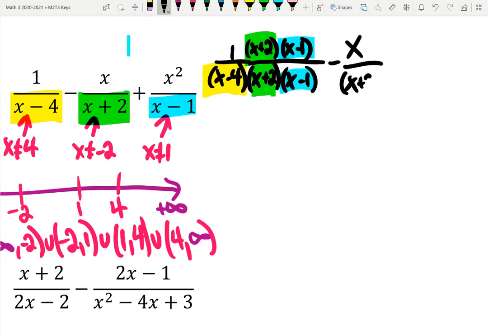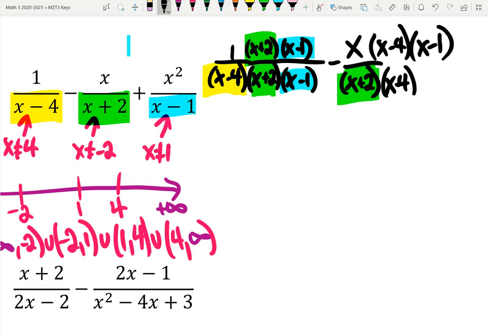It is having an x plus 2, so I need to multiply by the other parts. So I'm going to multiply by what it's missing, x minus 4, x minus 1, and then repeat this for this last guy.